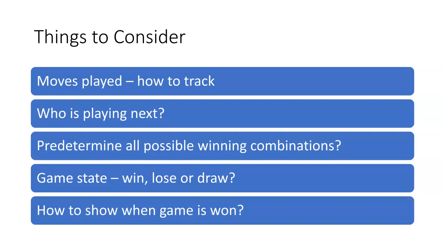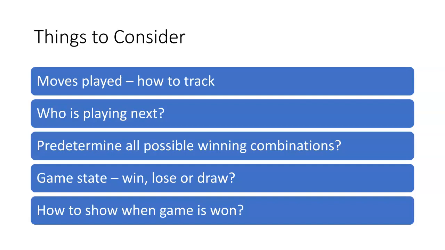Do we already know under what conditions somebody has won the game in terms of what appears in our array or what appears in this grid? In other words, the third question there is, can we predetermine all possible winning combinations? So, winning combinations. What are the winning combinations?